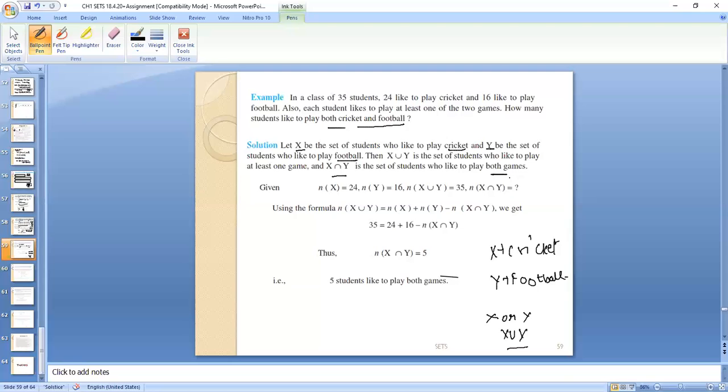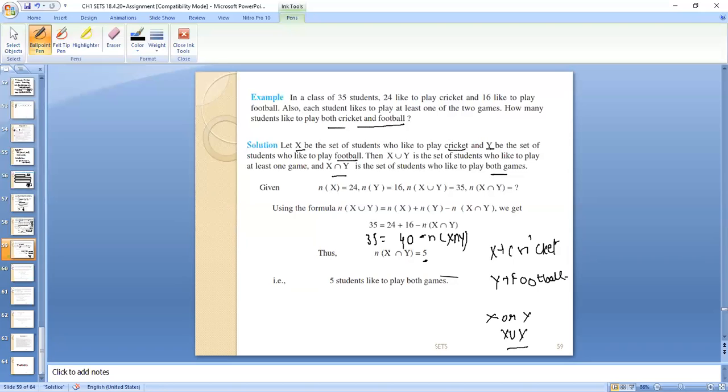We have to find the number of elements in X intersection Y. 35 equals 24 plus 16, which is 40, minus n of X intersection Y. So n of X intersection Y will be 40 minus 35, which is equal to 5.